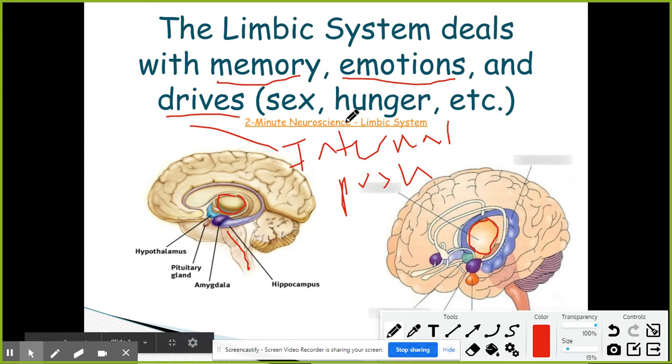Something biological that causes you to be horny, something biological that causes you to be hungry. And because of these biological things, if you're horny, then you're seeking out sex. If you're hungry, you're seeking out food, etc.